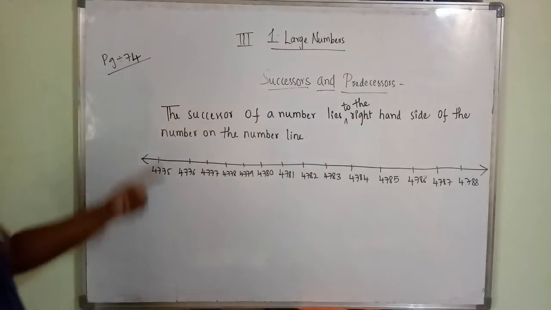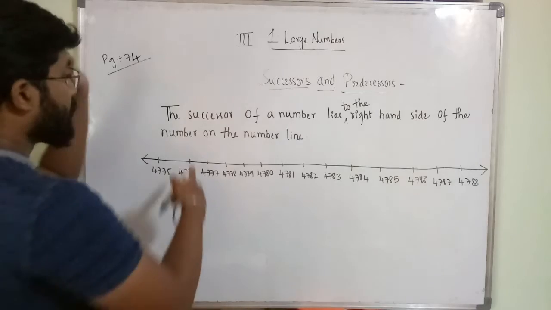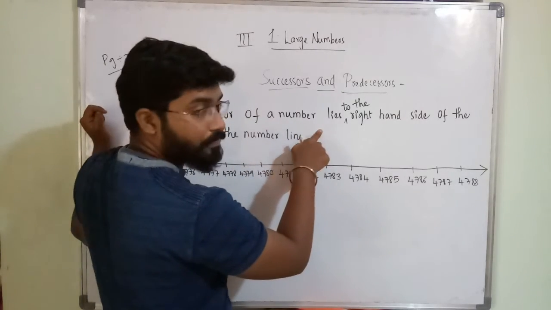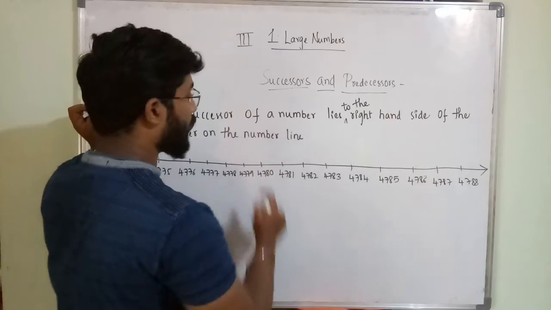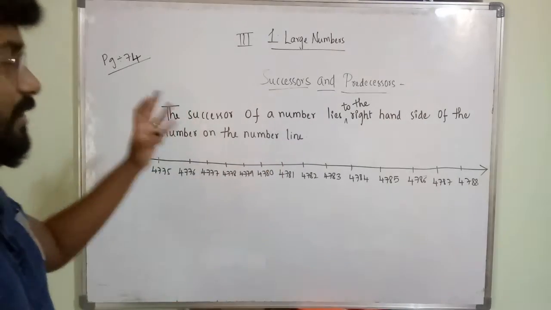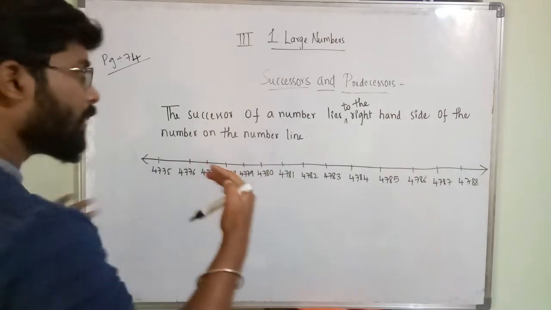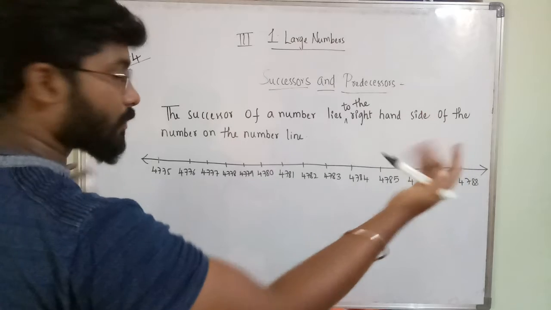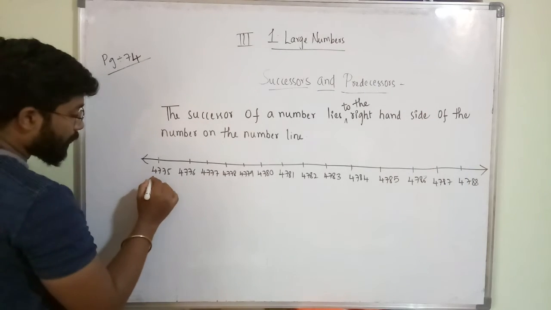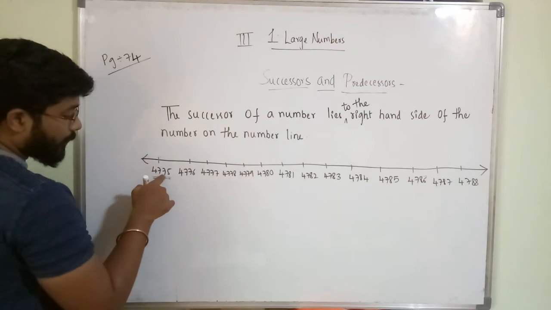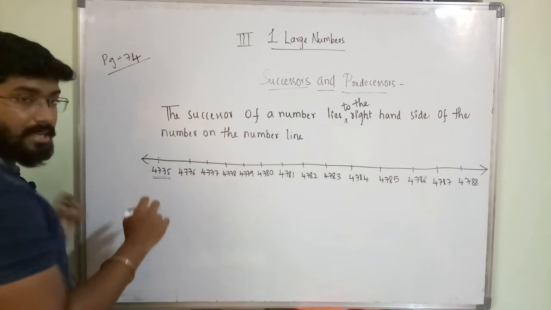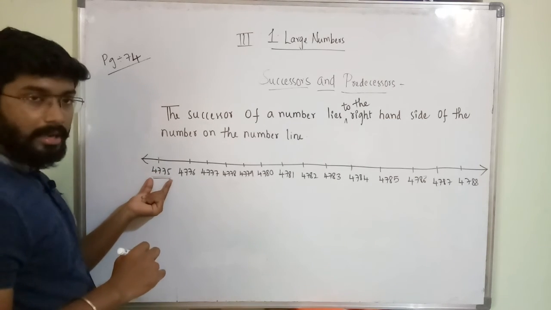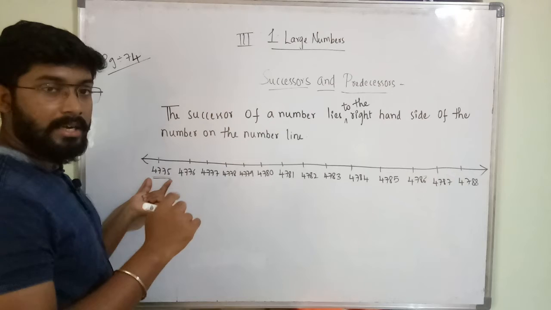So what is this statement telling? The successor of a number lies to the right hand side of the number on the number line. So he is telling the successor of any number will lie right of that given number. So if I want the successor of 4,775, what do I get if I add plus 1?